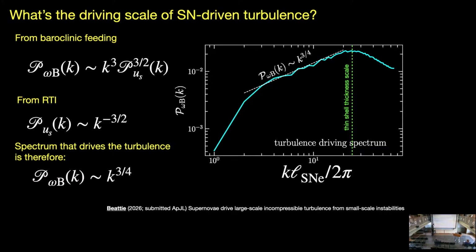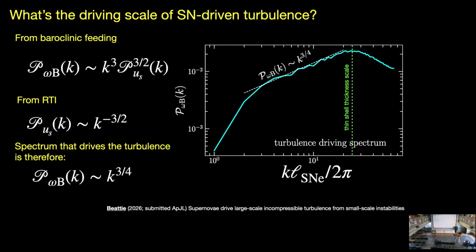I can plug this back in, and I get that the spectrum in which the modes are driven, the driving spectrum, not just a single mode that's being driven, now goes like k to the 3/4, and that's exactly what I find in my data, where this peak scale is the thin shell thickness scale.